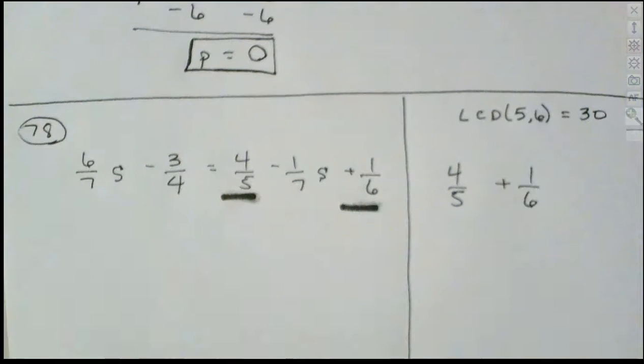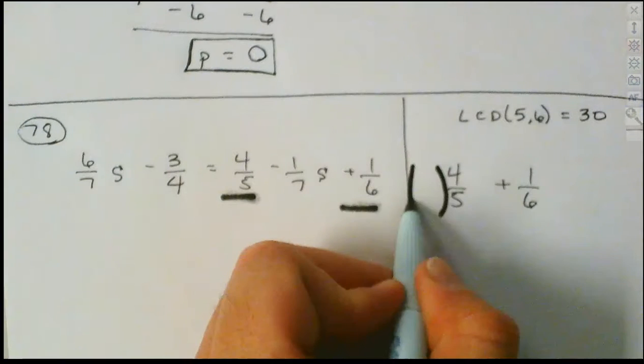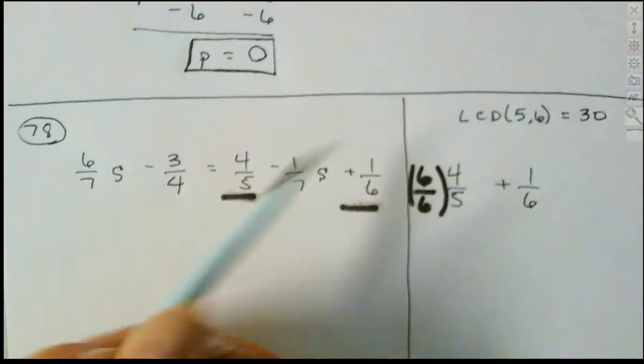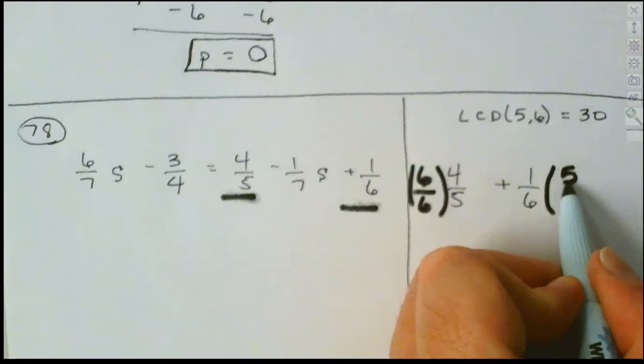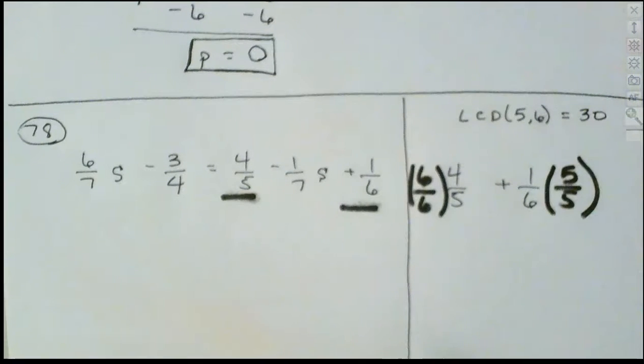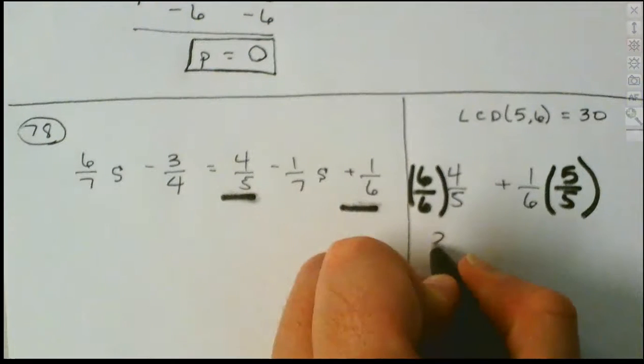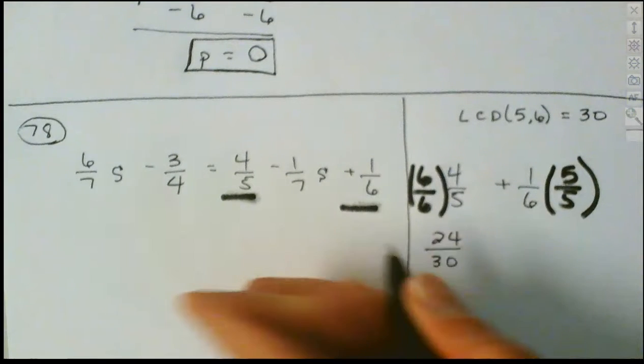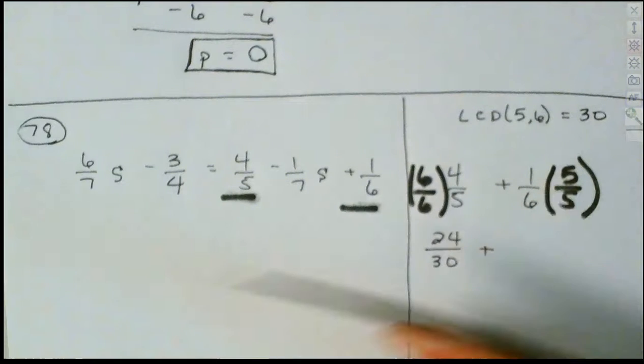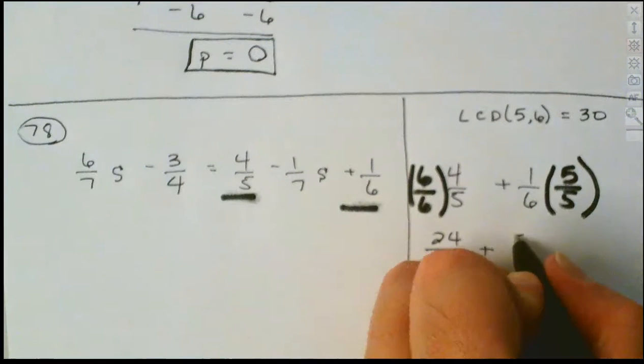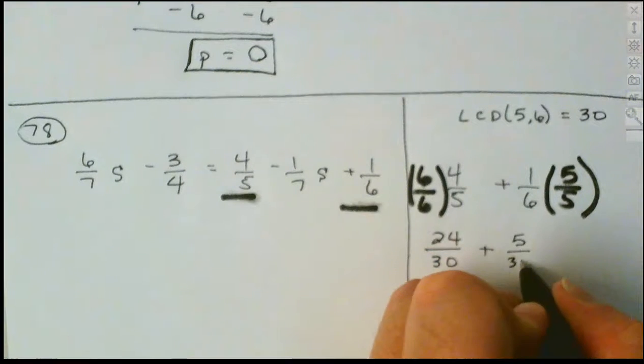We need our common denominators, so we need a 6/6 here, and we need a 5/5 here. So 6 times 4, that makes it 24/30. 5 times 1, that makes it 5/30.